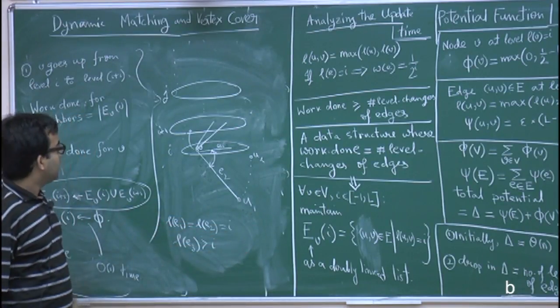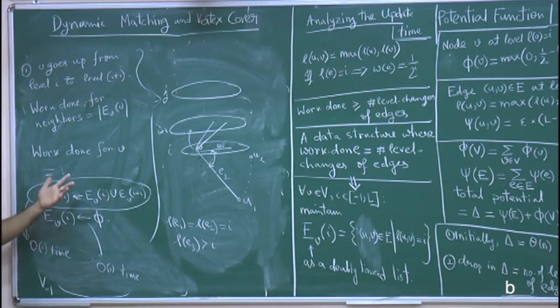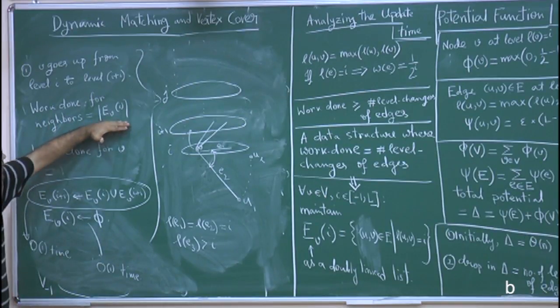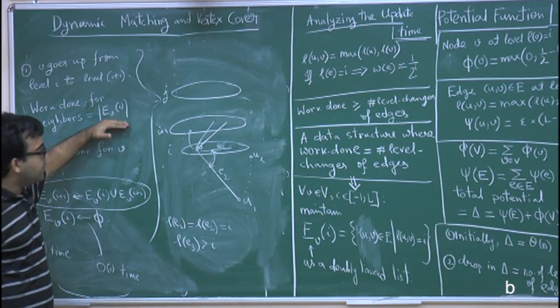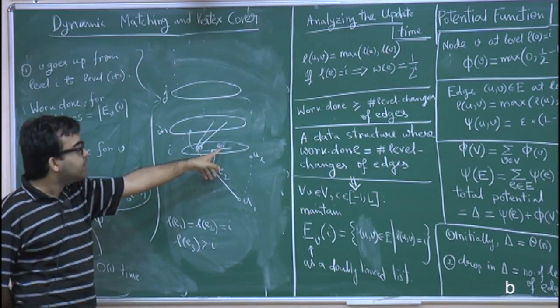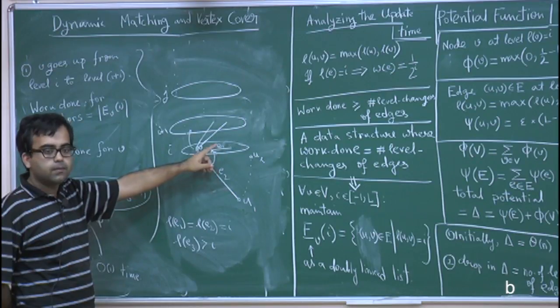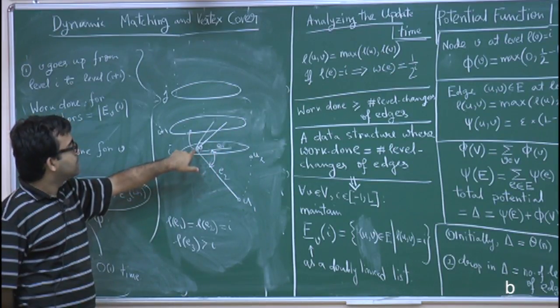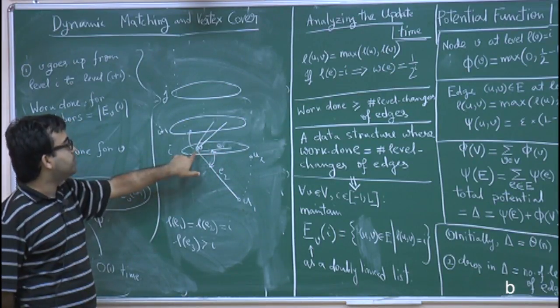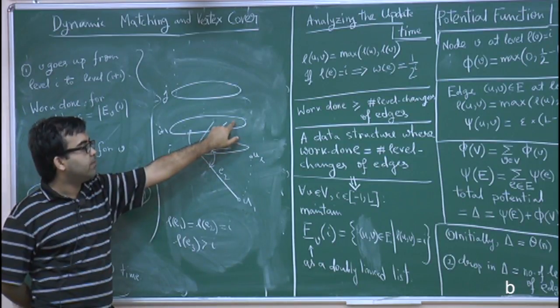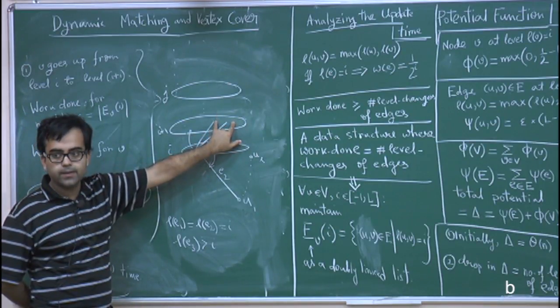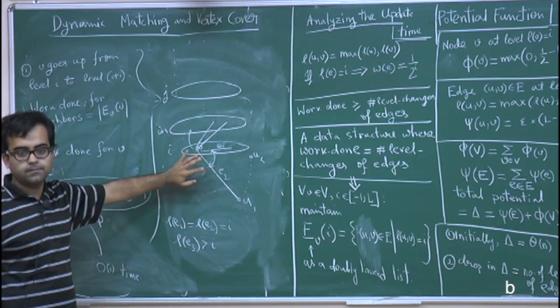So, the work done is proportional to the size of EV of I, and the number of level changes is also exactly equal to EV of I, because the edges that are not in EV of I, their other endpoint is already in level I plus 1 or above, and their levels will not change.